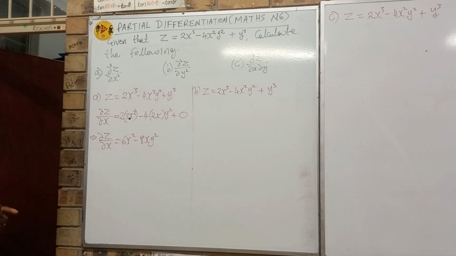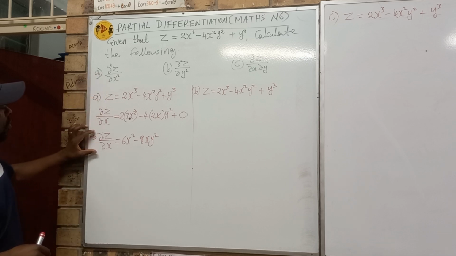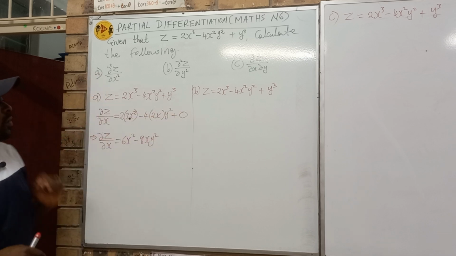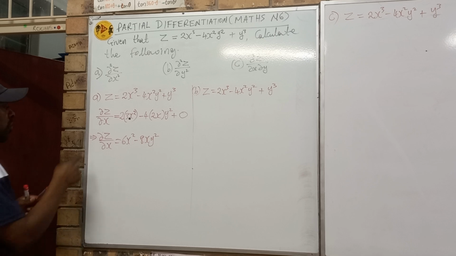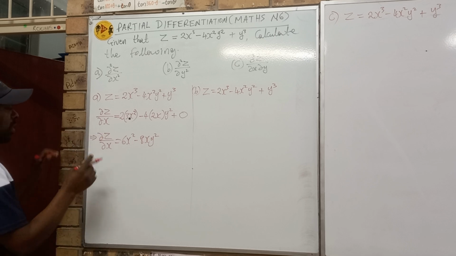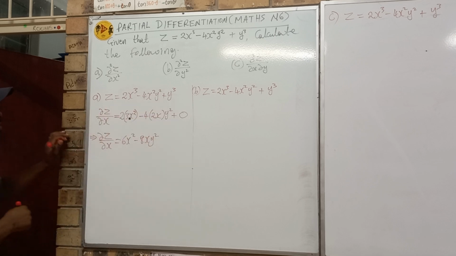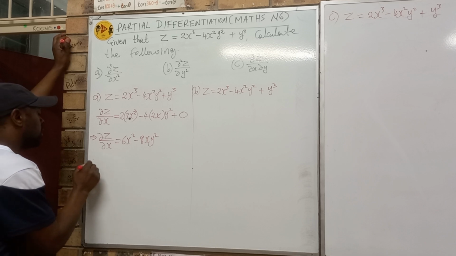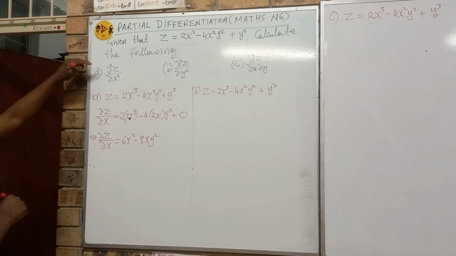So for students who have understood how partial derivative works, they can just move from the problem and go straight to the answer without doing this first part I have done. But for the sake of making people understand, I will keep on doing it like that so that you capture the idea. So let's now go to the second derivative, partial derivative of z with respect to x.